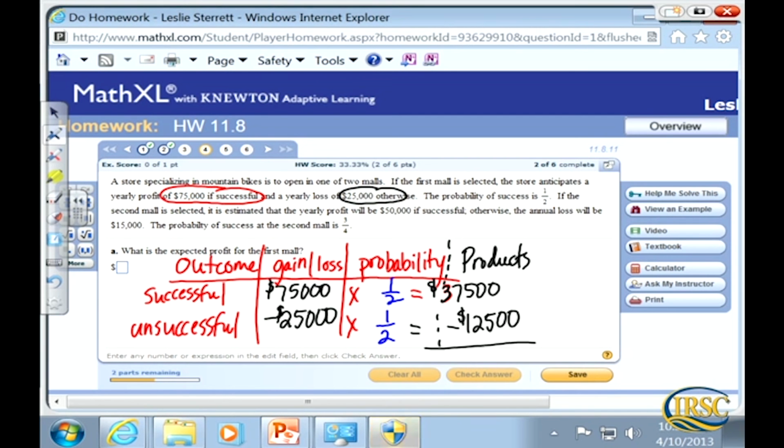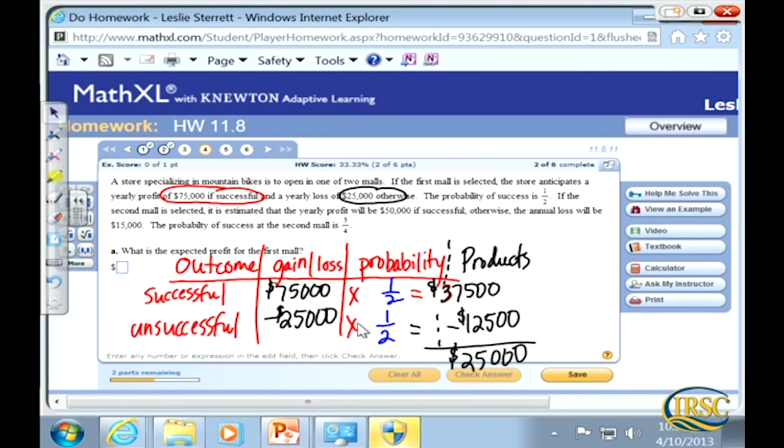Okay, so I heard 15,000. I heard wrong. 25,000. Okay, good. So 25,000 is our expected value for the first mall. Okay, these were yearly profits and losses.